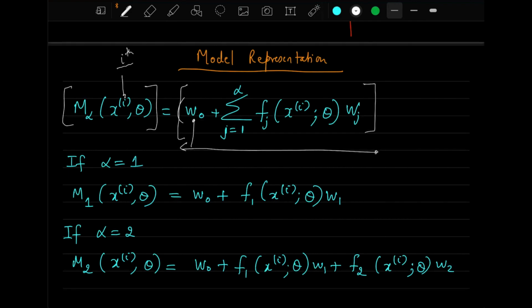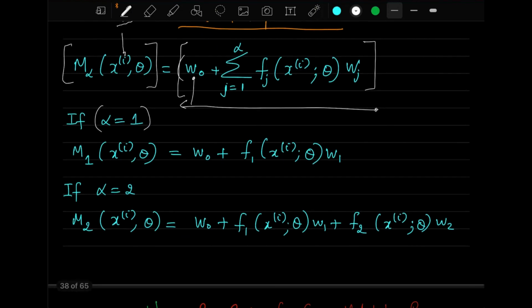This is the compact expression. If you write alpha equal to 1, only one term will be there. If alpha equal to 2, we will have two terms. And as you move on till alpha equal to capital alpha, you will have that many terms. So this is just a generalized expression for that.